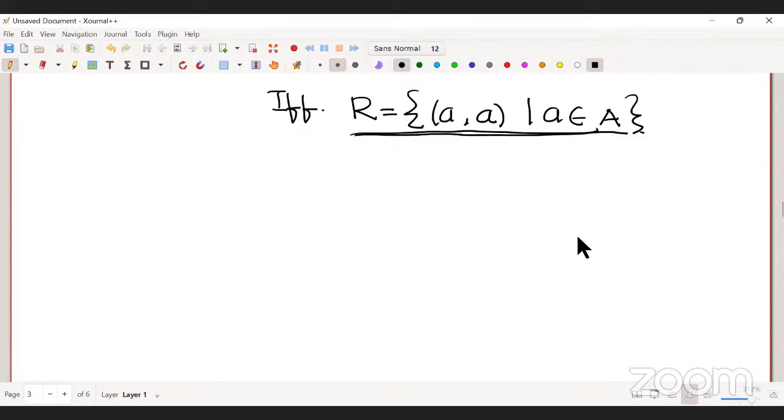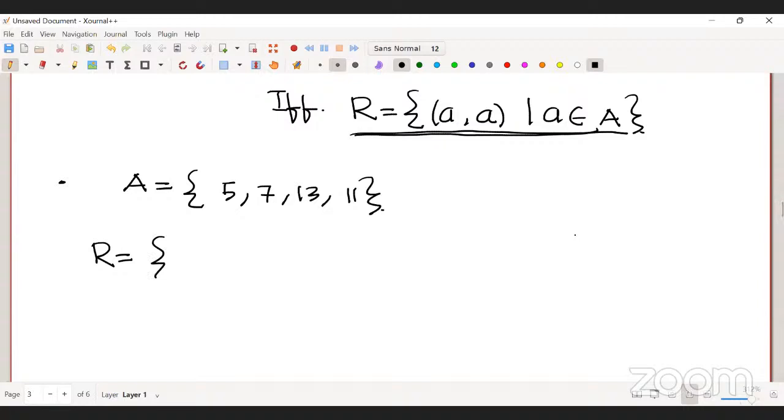So my first question is, let's take A to be {5, 7, 13, 11}, and R a relation on it. Whether R is an identity relation on A or not?